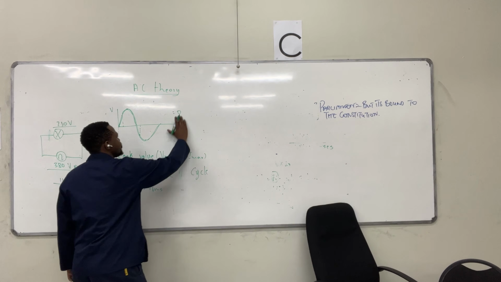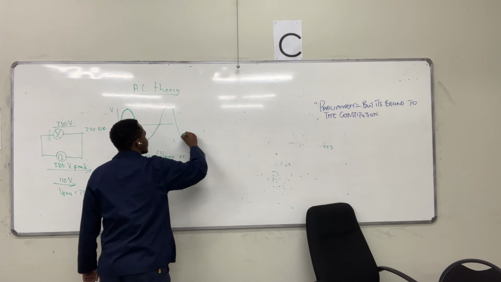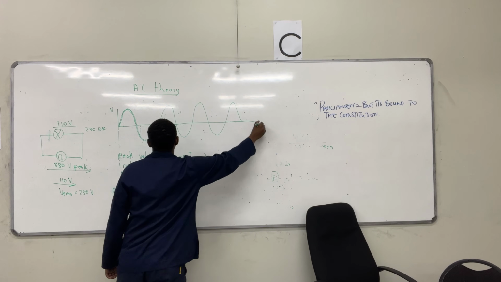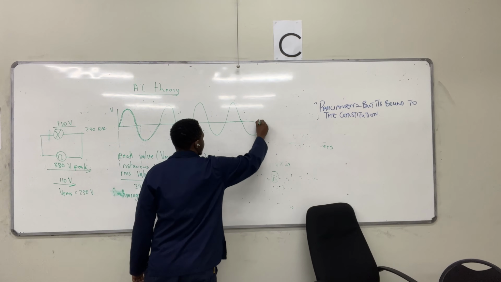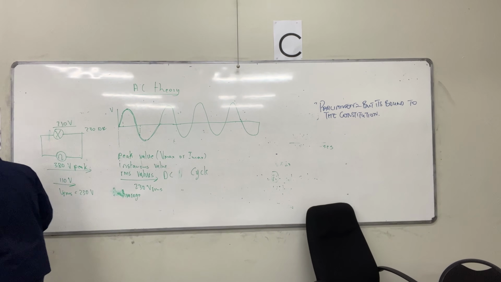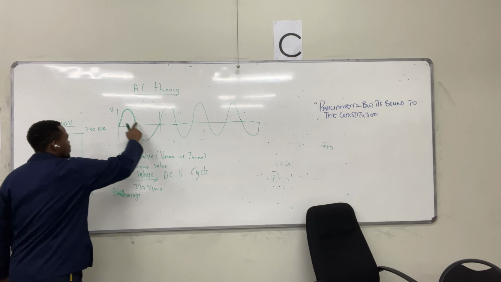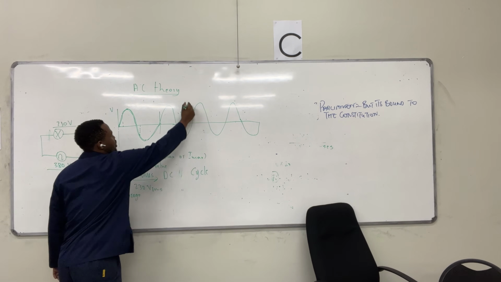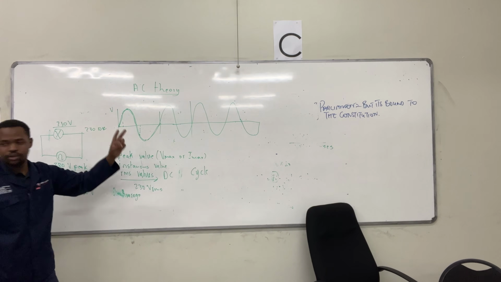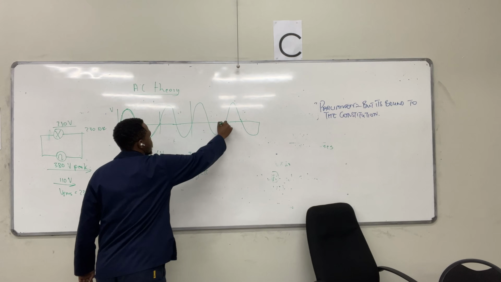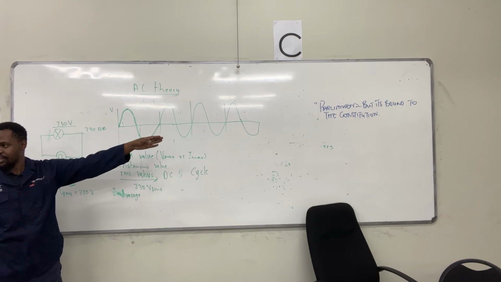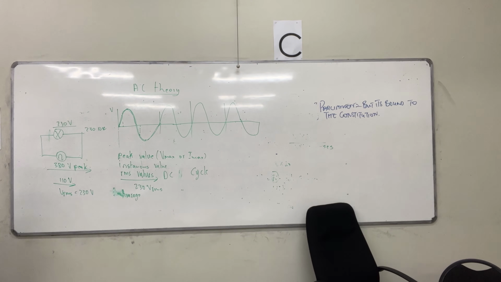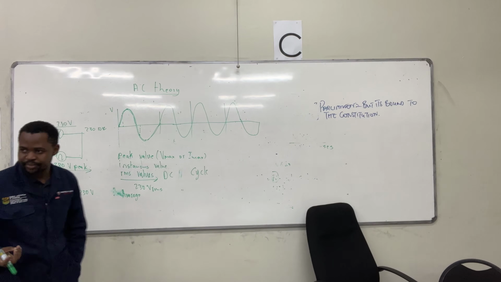So how many cycles do I have then? 1, 2, 3, 4. Good. That is a cycle.